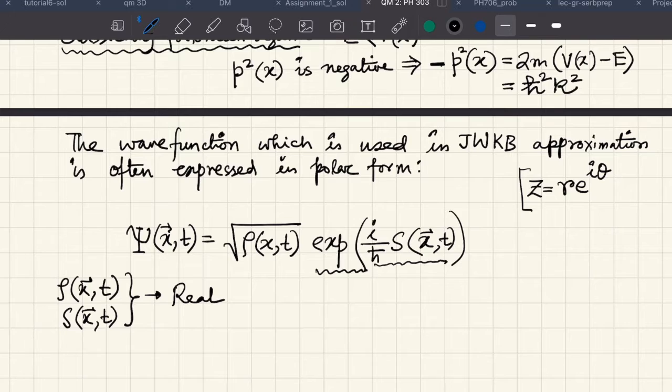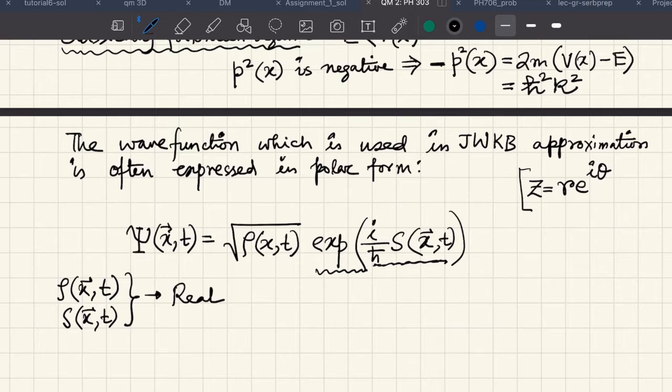So since we have this ħ in the denominator, S should also be of the same dimension as ħ in order to make this quantity within the bracket dimensionless. So S must have the dimension of ħ, and the dimension of ħ you all know is basically nothing but angular momentum.